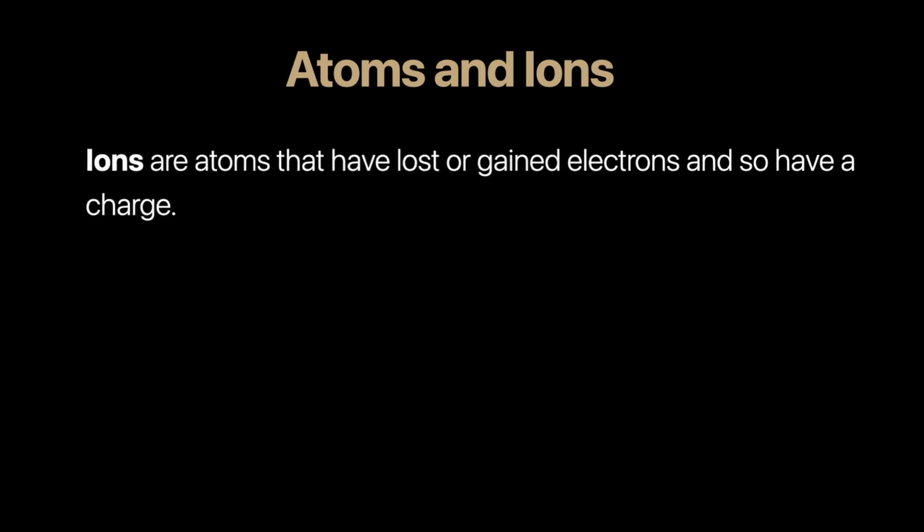Next up, we'll take a look at the idea of atoms and ions. So what are ions? Ions are basically atoms which have either lost or gained electrons. And because they lose or gain electrons, they get a charge. You must remember many from your O levels or IGCSEs, things like a sodium positive ion, a calcium 2+ ion, chloride minus ion, oxide minus ion.